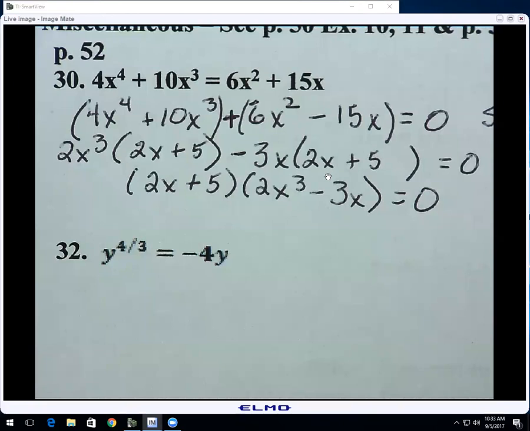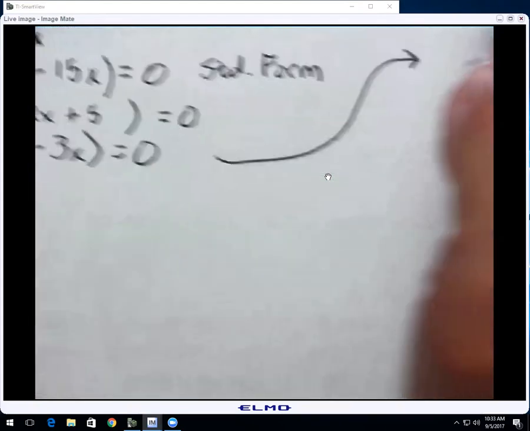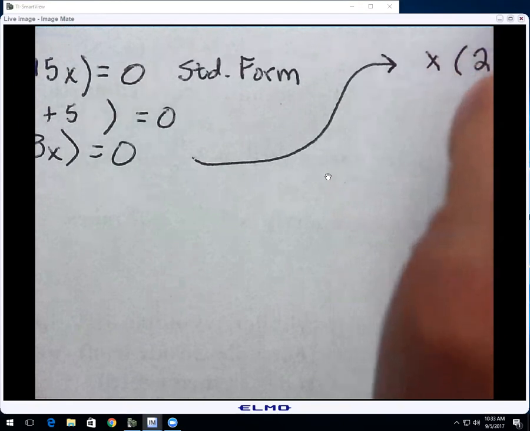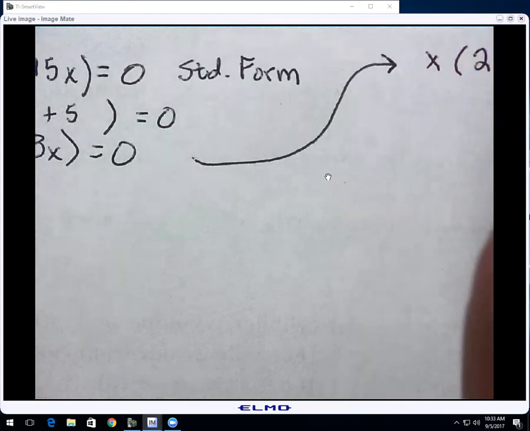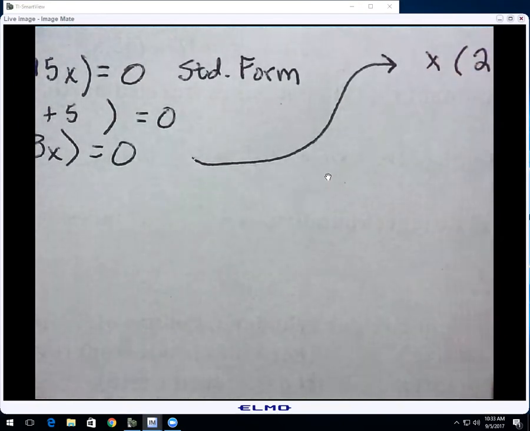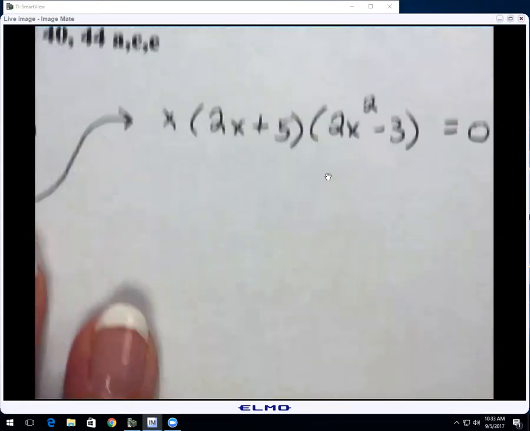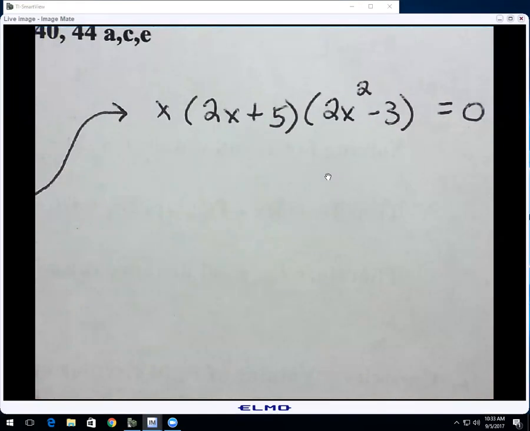So I'm going to factor an x out of that second group. And I'm just going to put it out front because that's where I like my monomial factors. So far, so good.